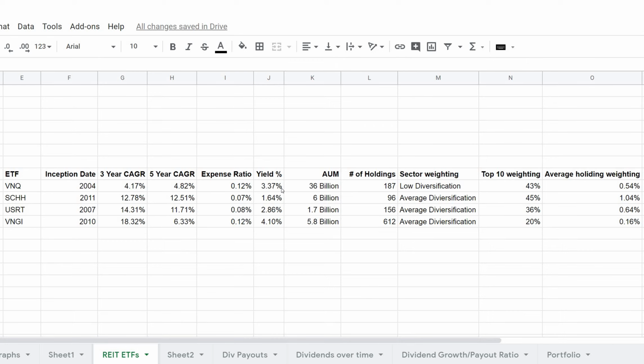And if you have years and years to go before you're going to need to tap into that cash, you're going to want to look for an ETF or a vehicle that, when looking at this from a dividend growth perspective, is growing their dividend a little bit more exponentially, right? And that's why when I compare VNQ and USRT, in my particular situation, when I'm in my 30s, this is a lot more attractive for me.